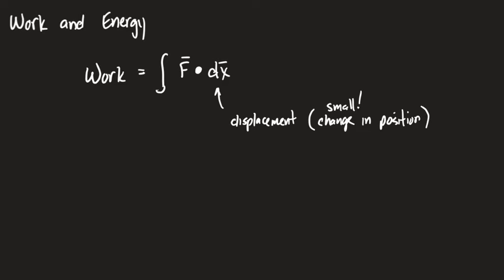So it's a small change in position. Don't forget the vector, because this means the direction of the displacement. That's critical because we're going to do a dot product here in a moment.